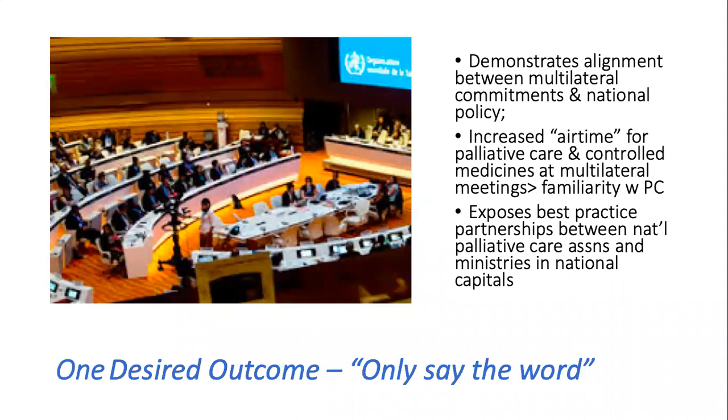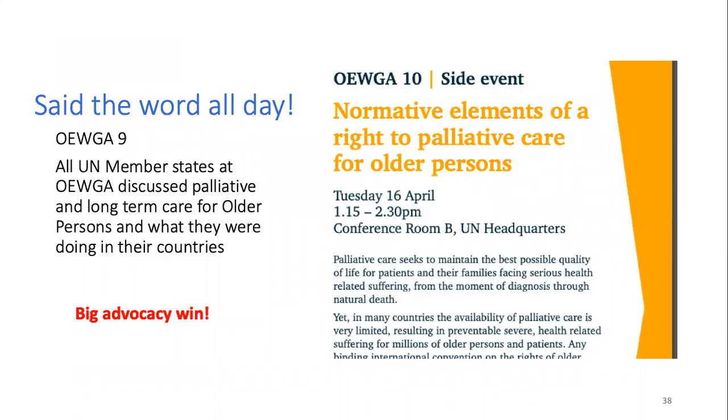So it shows there's that synergy between what you're doing on the ground and with the missions in Geneva, New York, and Vienna who represent your country and speak at these meetings. So that's why we really like to work with the missions as well as the palliative care associations in the countries. This was a big advocacy win we had at the UN at the Open-Ended Working Group on Ageing, that's OEWGA, at the 10th meeting.